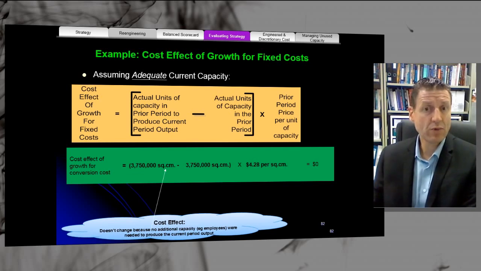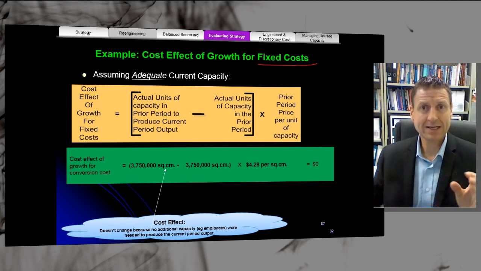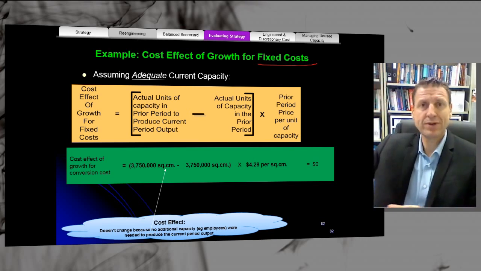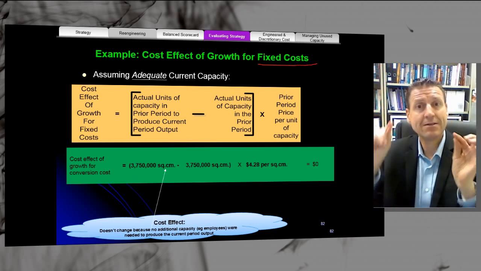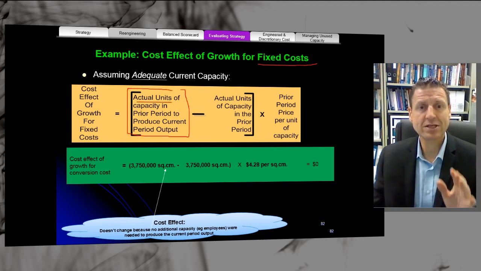And so we want to have one more aspect of the growth, and that is for fixed costs. If capacity is large enough that in any one period you don't have to change your capacity, then there's going to be no variance here. Again, there's a tricky calculation here. That is the actual units capacity in the prior period that is needed to produce the current period output.